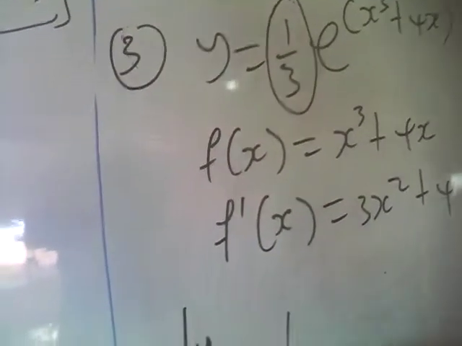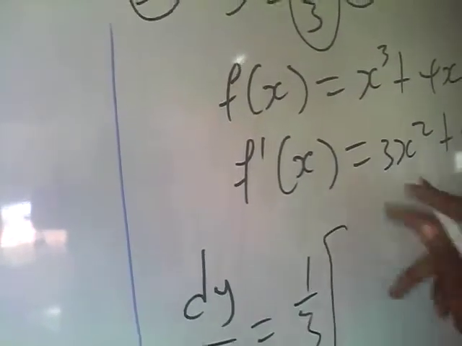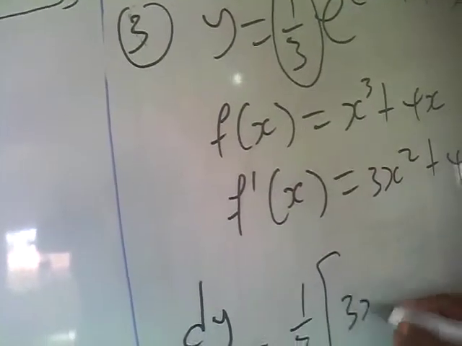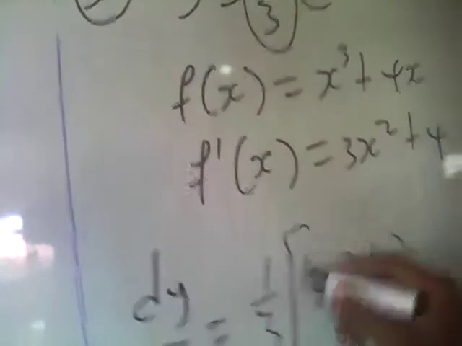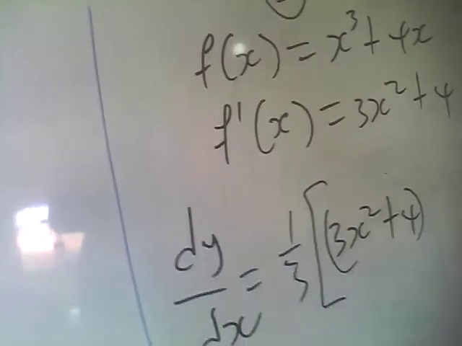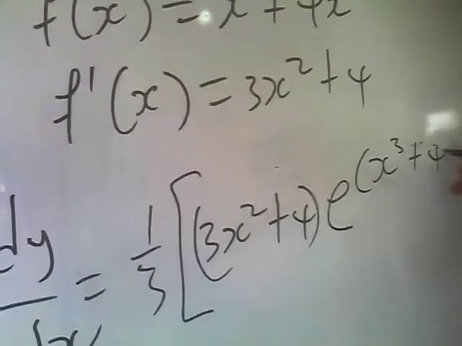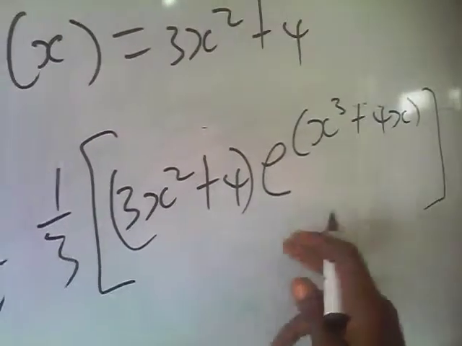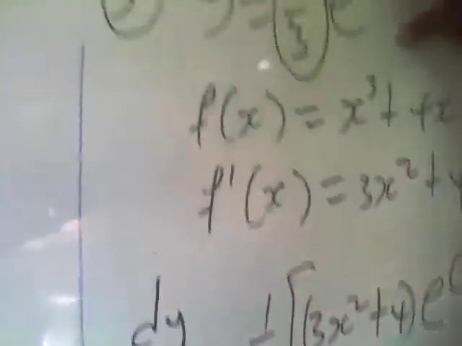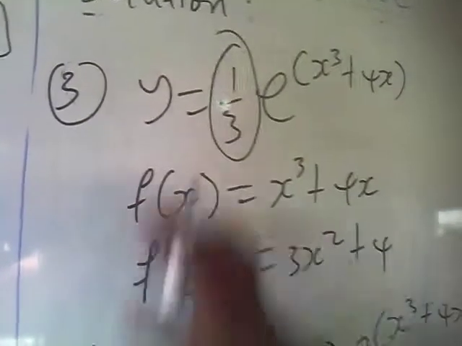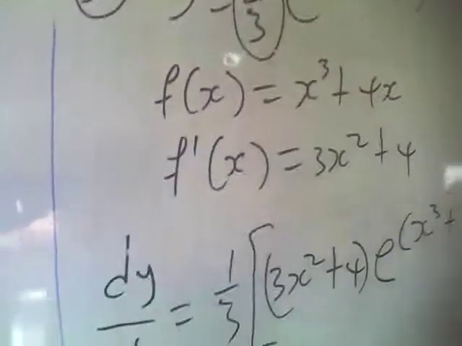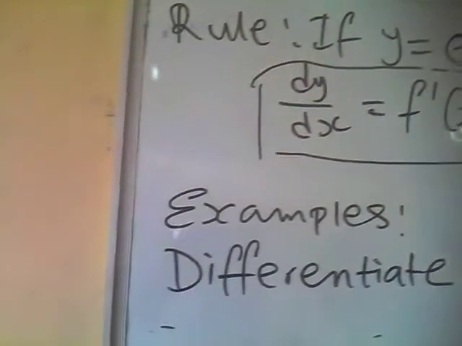That is 1/3 times f prime of x, which is 3x squared plus 4, a compact expression, so we put it in a small bracket. Then exponential the function of x itself, which is x cubed plus 4x. So that's the derivative of this function, taken from the rules we have established from the beginning. That gives the solution to question 3.